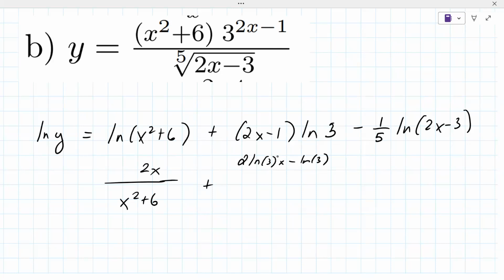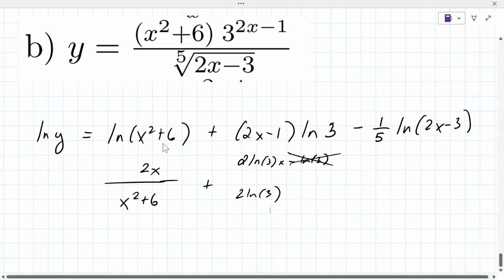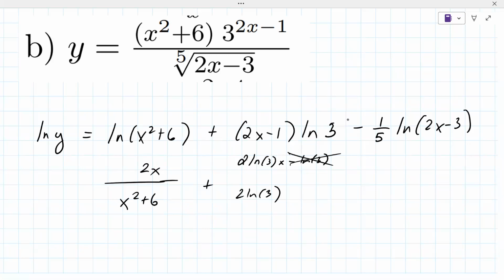The first one. So it's 2 natural log of 3. That's the derivative? Yep. The one over only applies if you have a function inside a function. Oh, okay. How about the last one? Minus 1/5 times 2 over 2x minus 3. And then all times y.